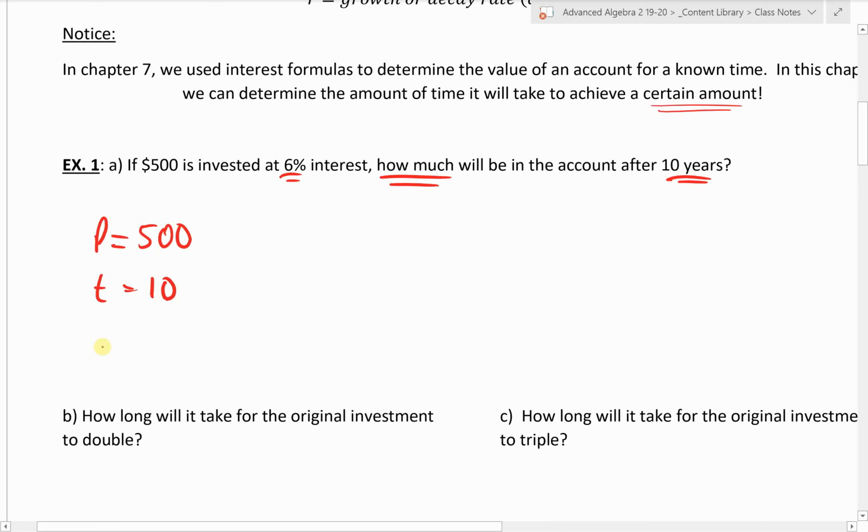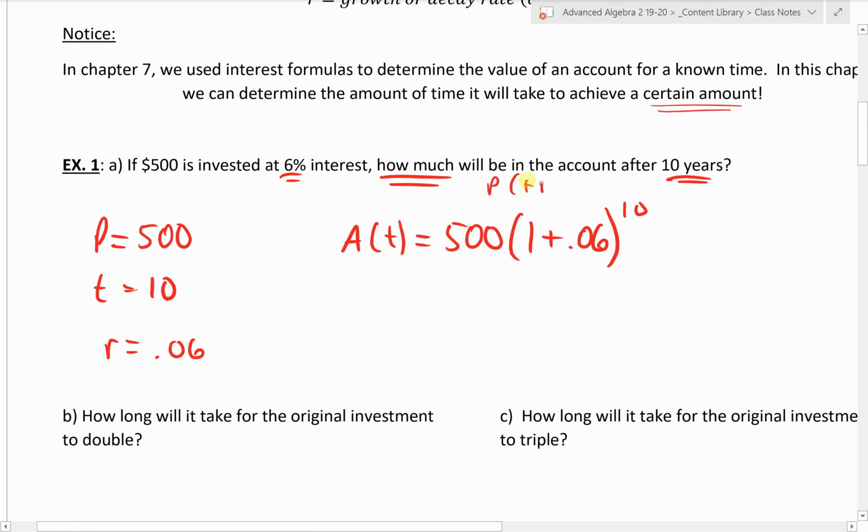And the growth rate is 6%, as a decimal 0.06. So the amount of money in the account will be equal to P times 1 plus r to the t power. So r is 0.06, t is 10, and p, the principal, is 500.